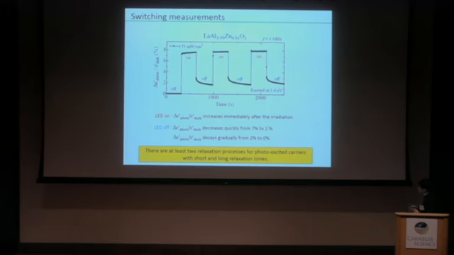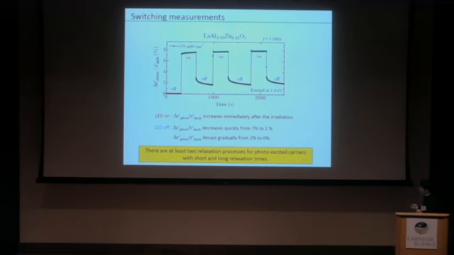This figure shows the result for a switching measurement. The dielectric permittivity is measured at 1 MHz under a blinking LED. A vertical axis indicates the relative change of dielectric permittivity from the value in the dark state. When the LED is turned on, the dielectric permittivity increases immediately up to 7%.